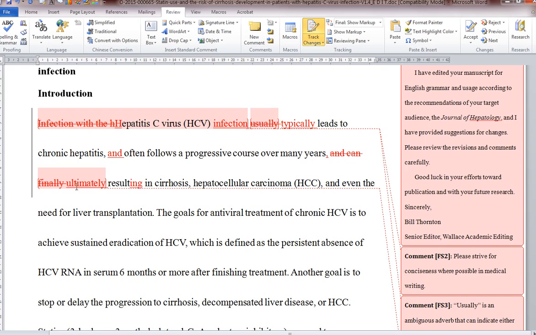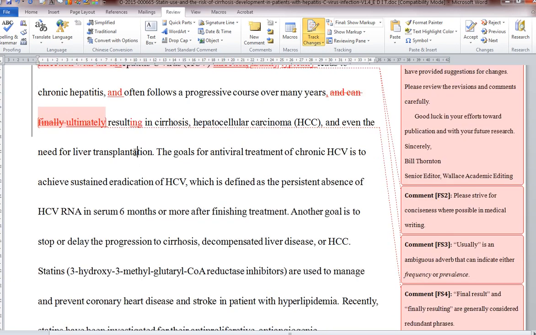It's rather synonymous with finally, but again, finally connotes the very end, the end of it all. Maybe a phrase like ultimately resulting in death could be appropriate, but in that instance, I'd rather use finally, because ultimately can be the end of a particular part of a process, whereas finally is right at the very end of it all.